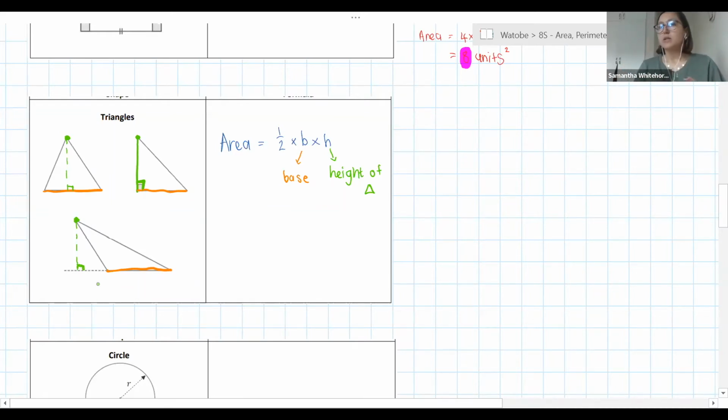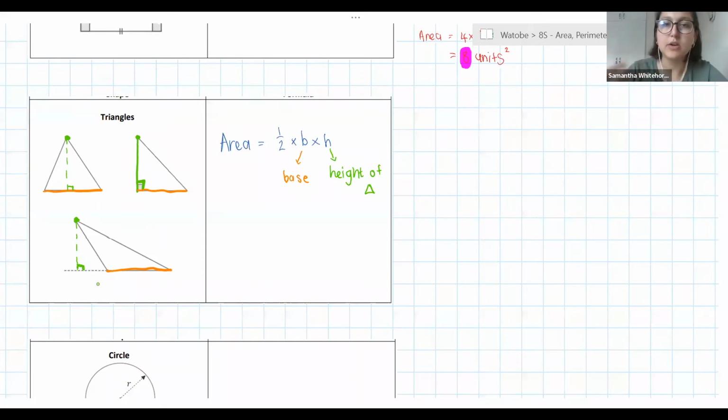Now, what is important, guys, is hopefully you can see here that anytime I'm working out a height, I'm creating a right angle triangle. And so if I'm not giving you the height, it means that you can use Pythagoras to work it out. Obviously, you need to have enough information to do that. But to work out a perpendicular height in a triangle, you can use Pythagoras. We are going to do examples like that, so don't stress, but just keep it in your mind somewhere.